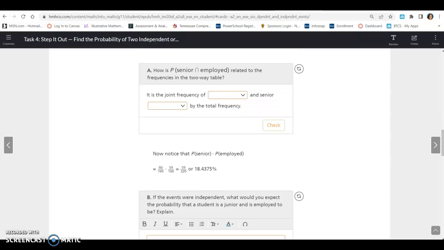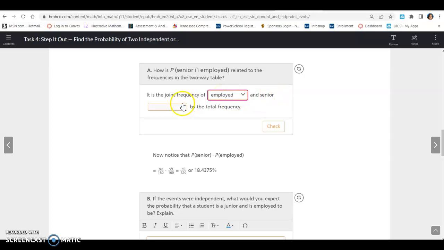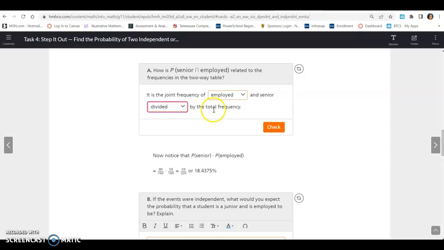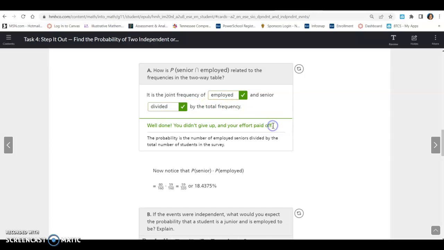So it says, how is the probability of senior intersect employed related to the frequency of the two-way table? It is the joint frequency of employed and senior divided by the total frequency.